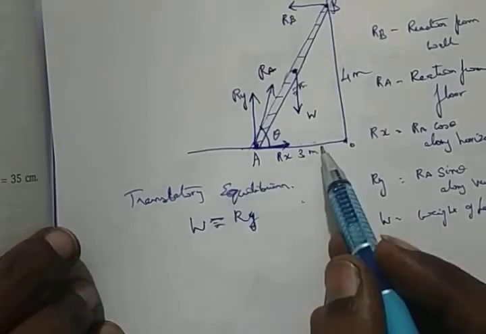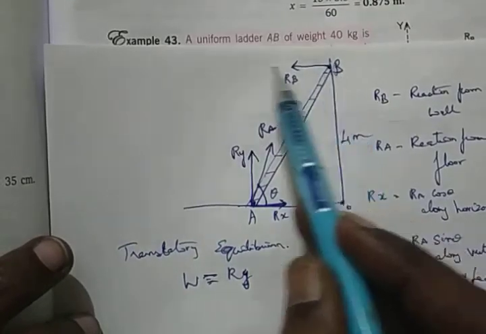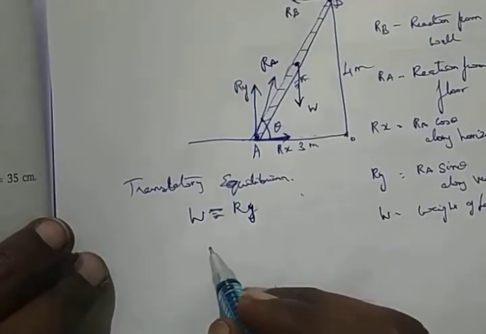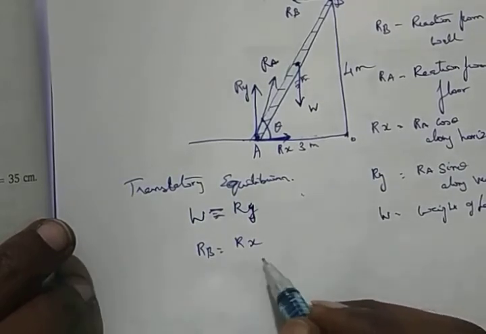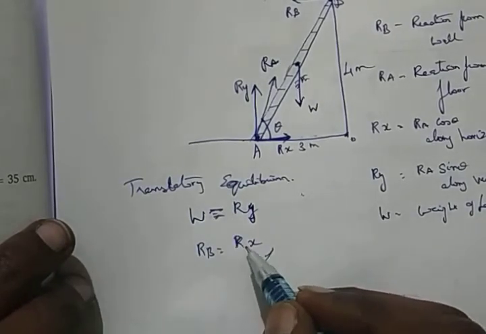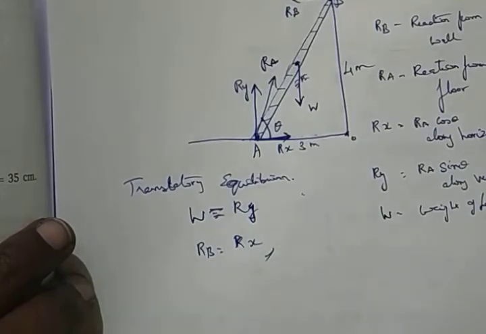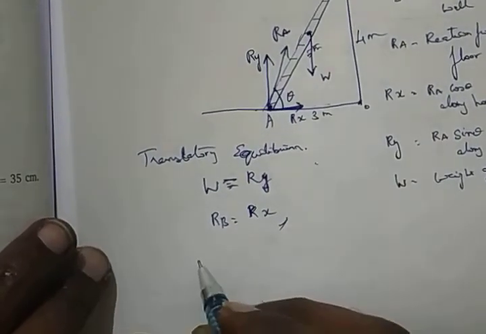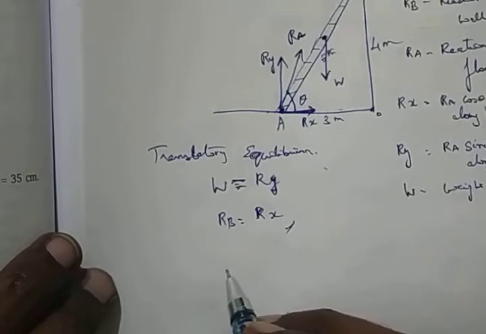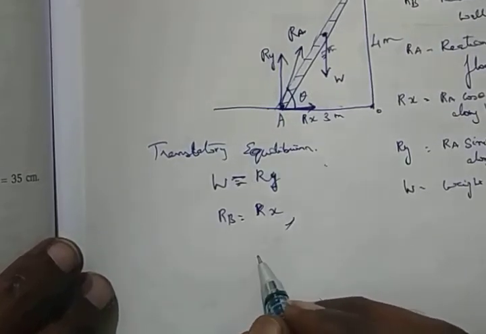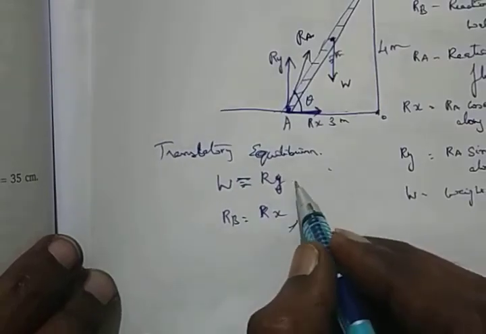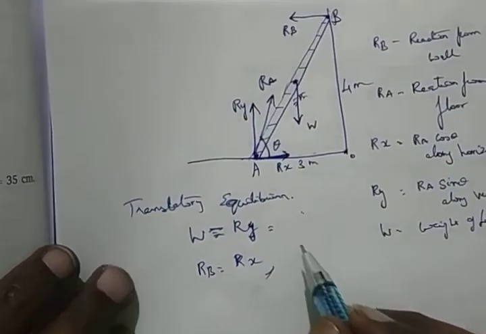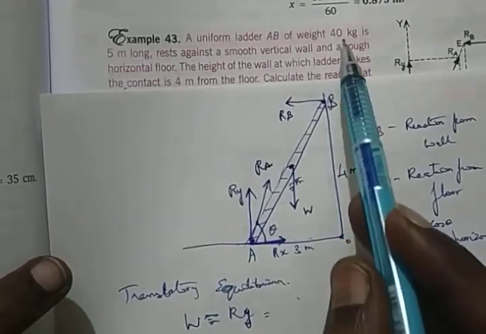Rx is in this direction and Rb is in this direction. So Rb is going to be equal to Rx. So these are the two things which we have got. That is translational equilibrium. We don't have the value here. Let us not put the values, but let us go ahead and see what the next thing is. Ry we already know because W is the value 40 kg.